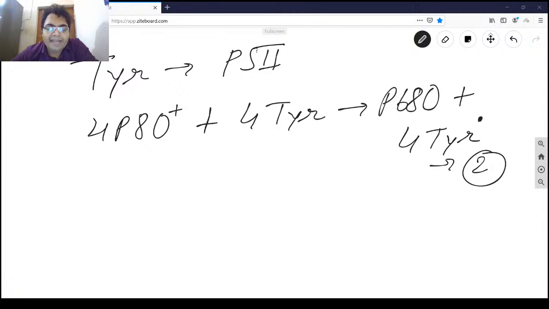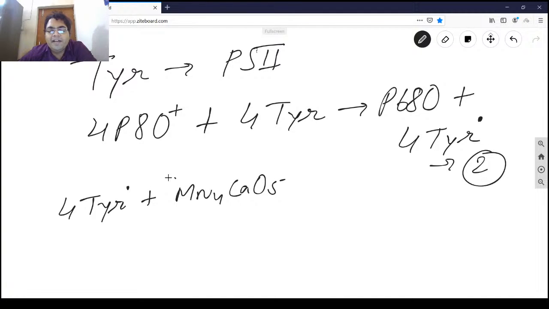Now the tyrosine radical will regain its missing electron from where? I told you PH2 has the Mn4CaO5 cluster. That cluster will provide 4 single electron transfers, one to each tyrosine individually.